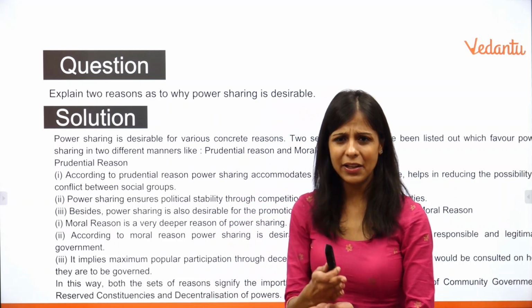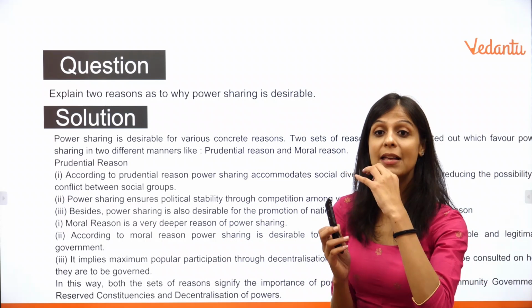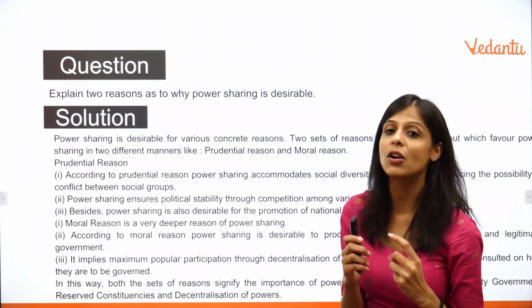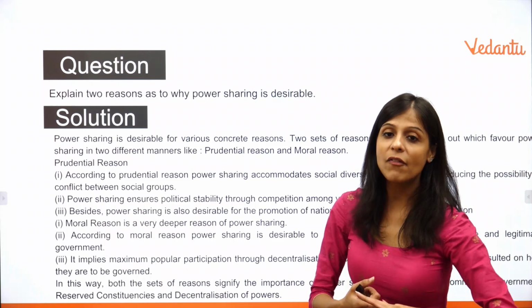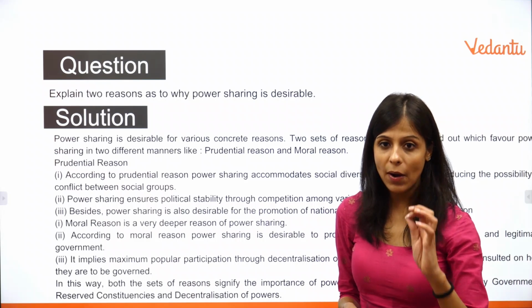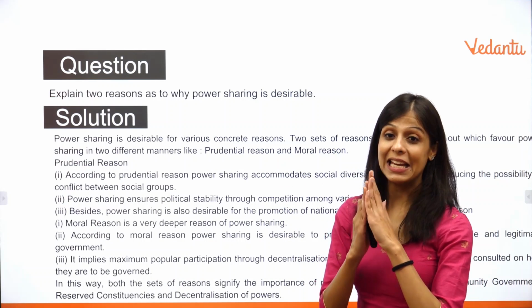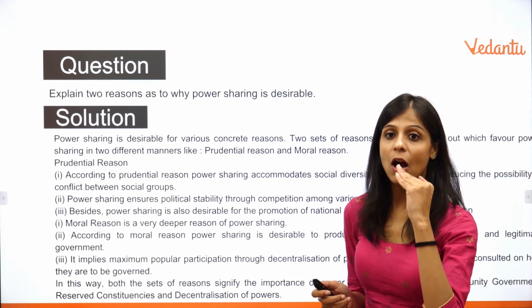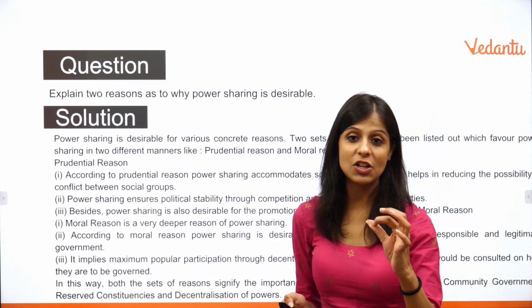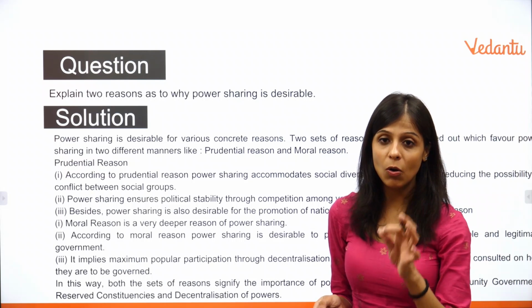So it becomes pretty clear to your teacher that you've segregated the answer. A person who has not segregated the answer would not score marks. It goes against you. However, if you've segregated the points and have relevant facts related to prudential or moral reasons, you can write a good answer.